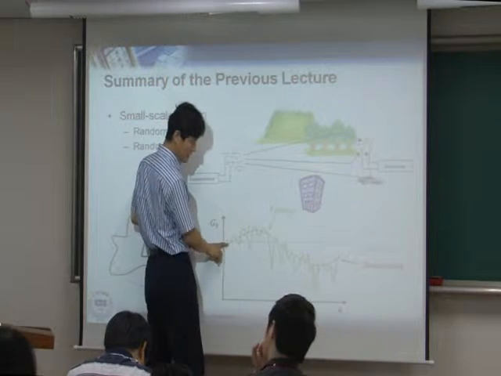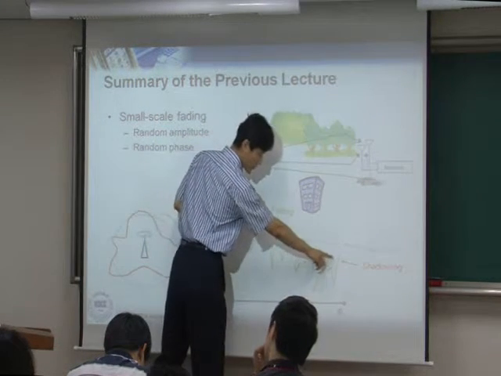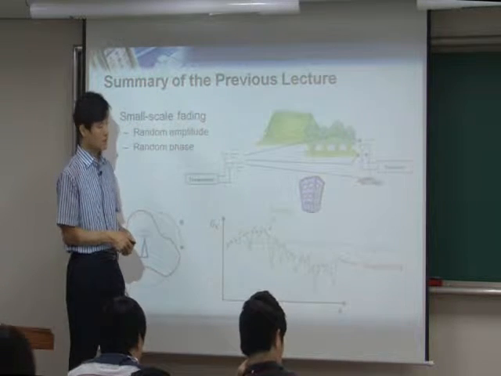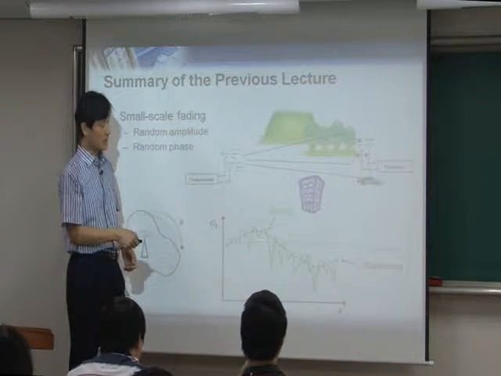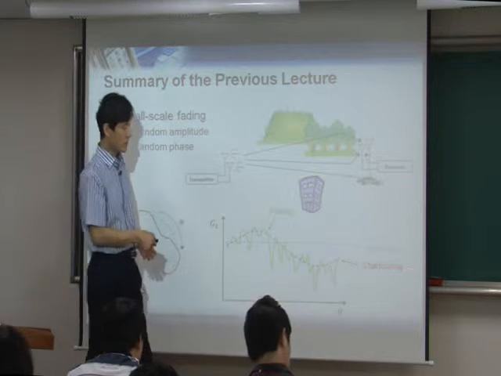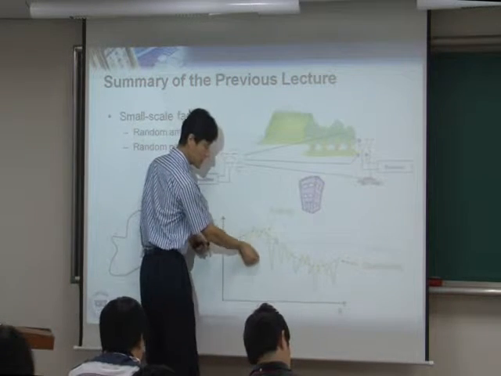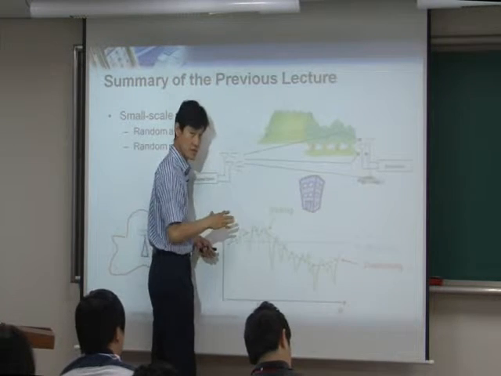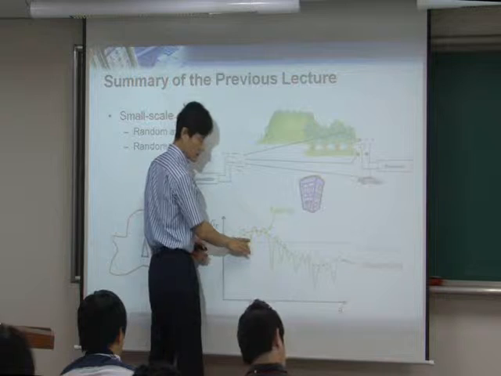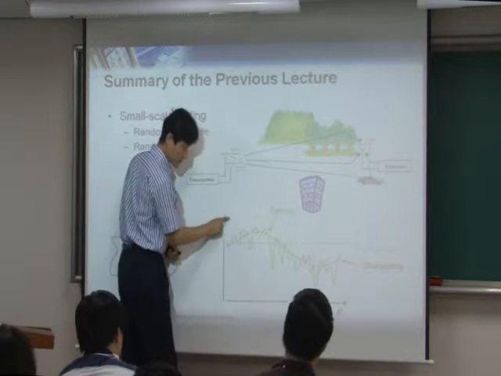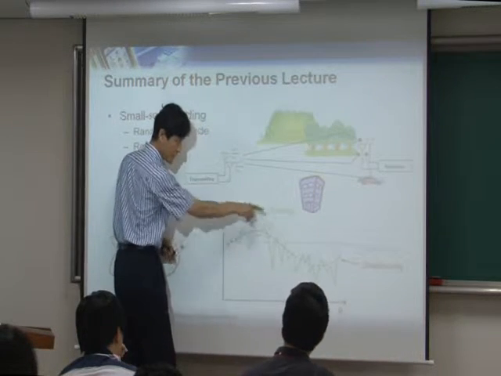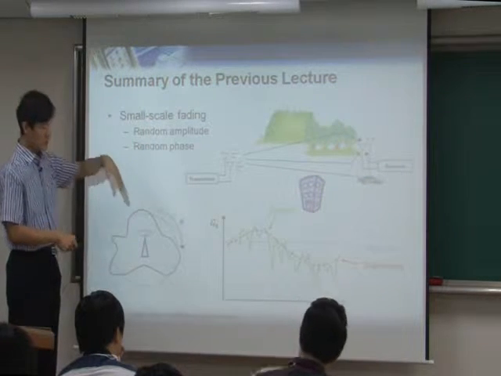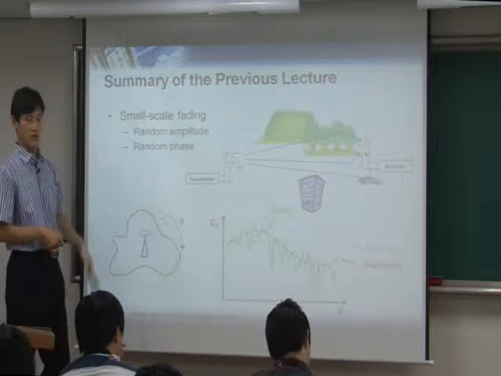So you will see a little bit of fluctuation, like the red one. The red one basically shows shadowing plus path loss. Path loss works as the mean, and the shadowing shows some Gaussian fluctuation around this path loss. Path loss is the mean. So think about the Gaussian here, a non-zero mean Gaussian. The mean is path loss. But you see that this is a slow up and down, slow fluctuation.